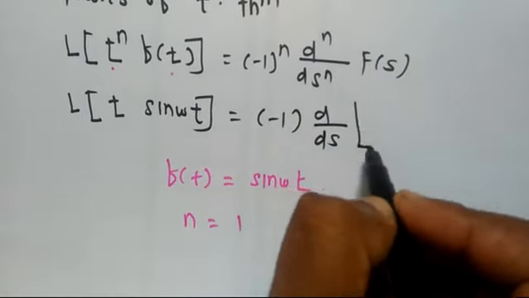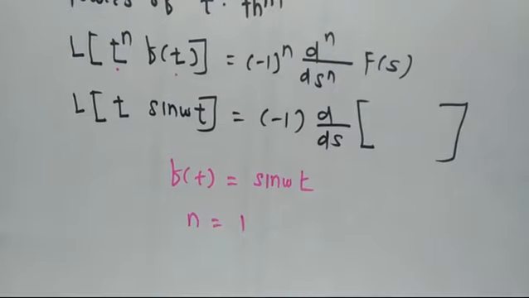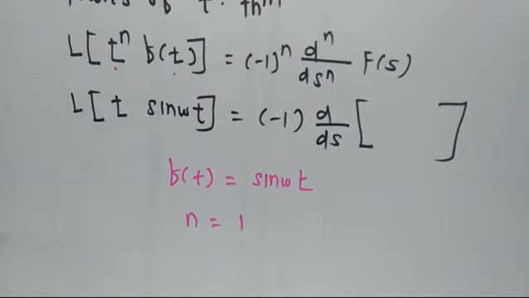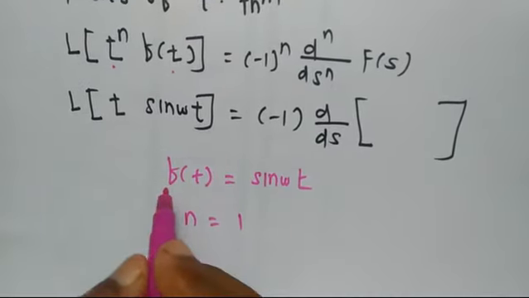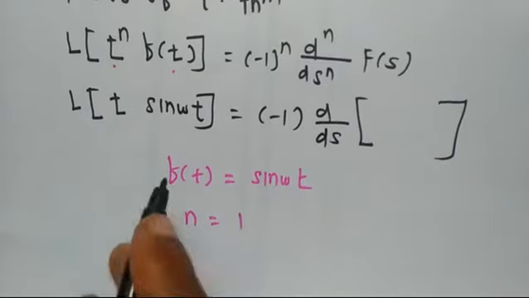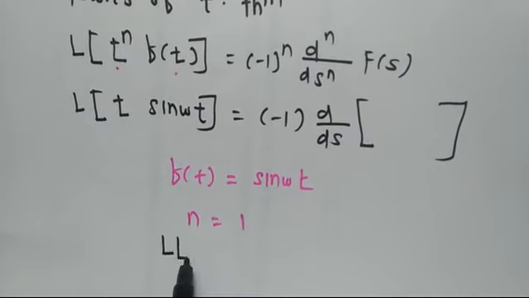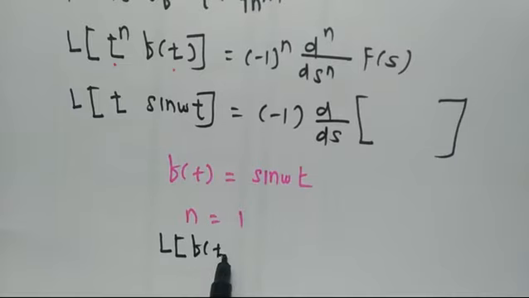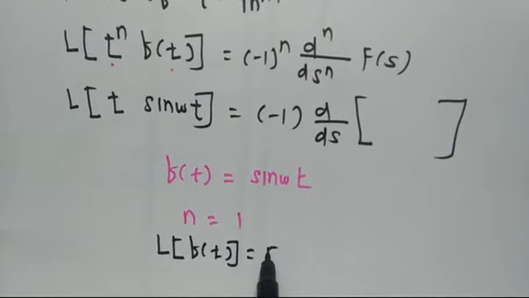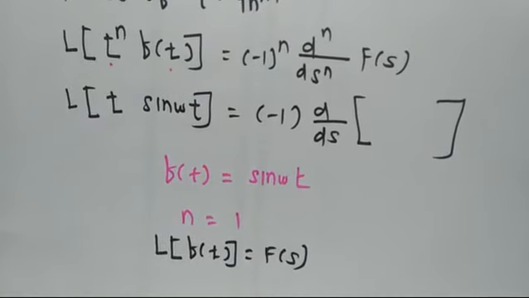Okay. So only take F of s and find its derivative, and you will get the final answer. So how will we get F of s? We know that Laplace transform of f of t is F of s.